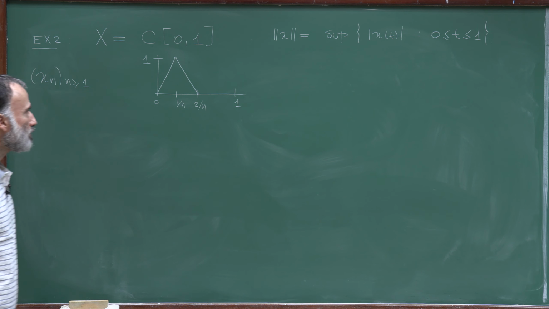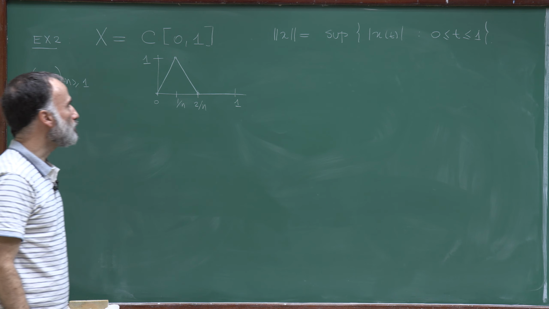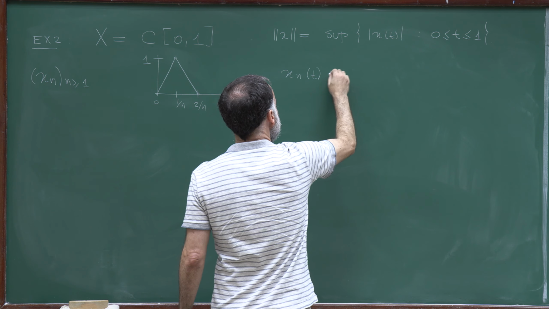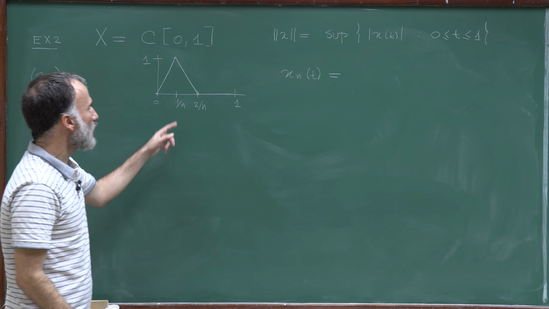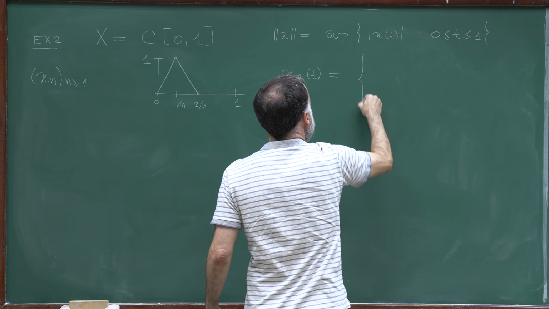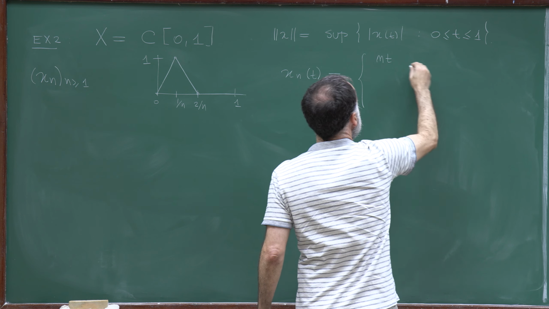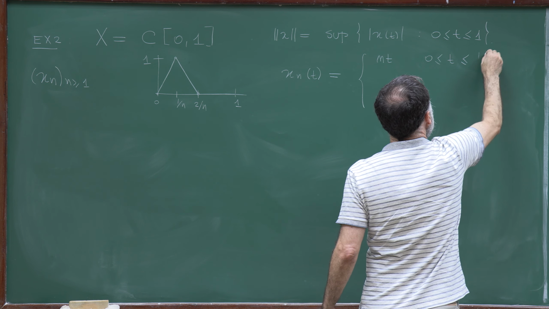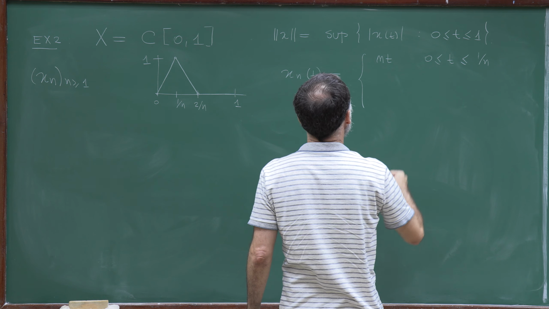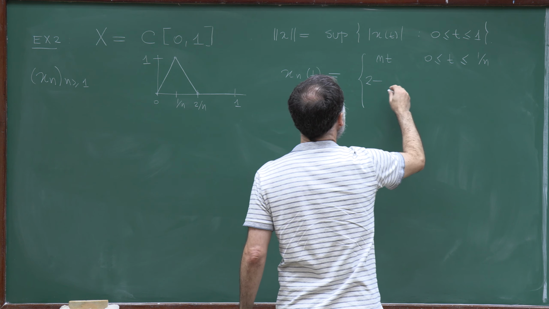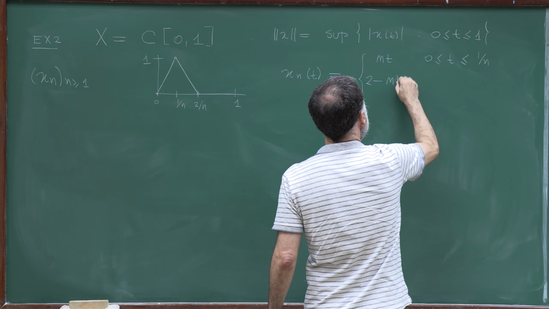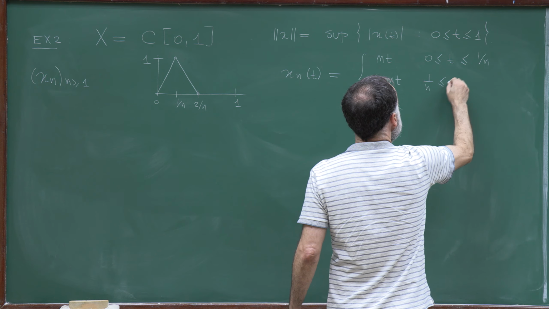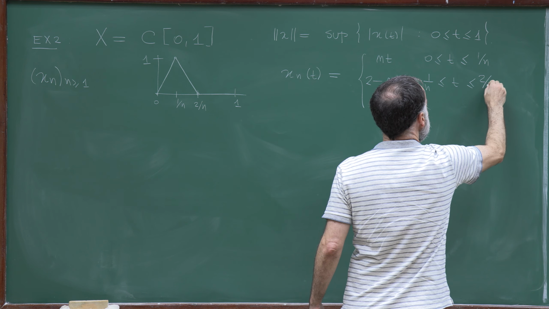So here is the graph of the function, and if you want it defined, x_n(t) will be n times t for t between 0 and 1 over n. Then 2 minus nt for 1 over n less than t less than 2 divided by n.